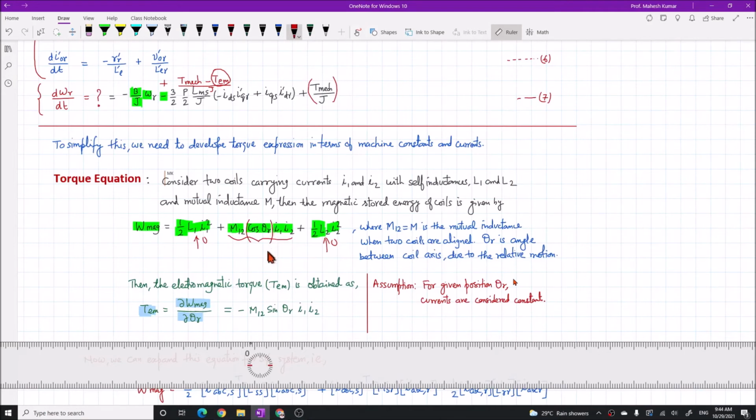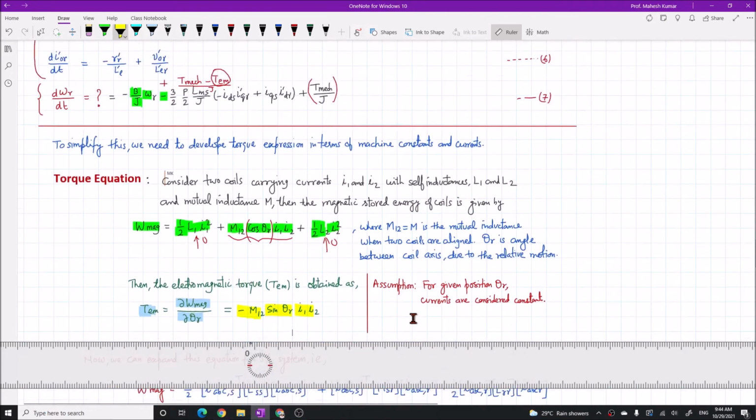So I have to differentiate cos theta r, that becomes minus sin theta r. So the electromagnetic torque becomes del W magnetic by del theta r equals minus M12 sin theta r I1 I2. This is for a 2 coil system.